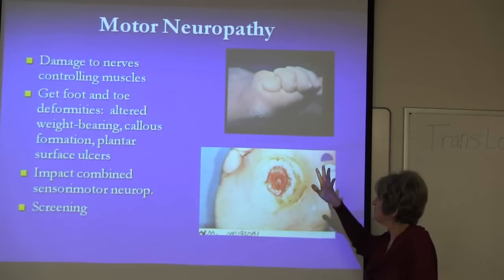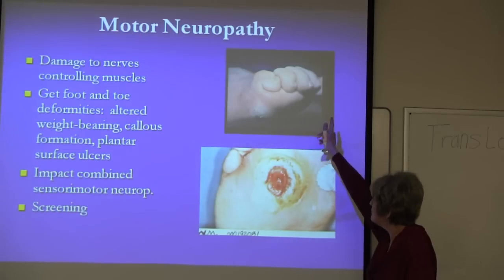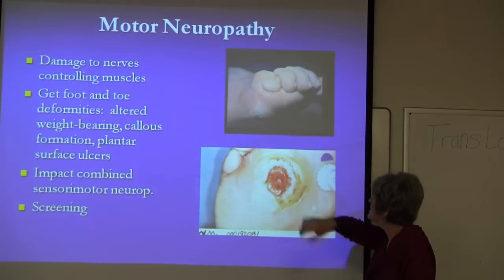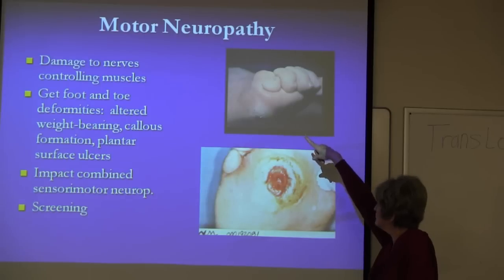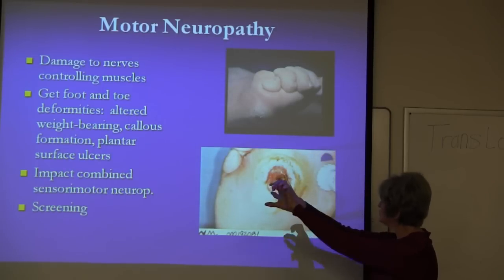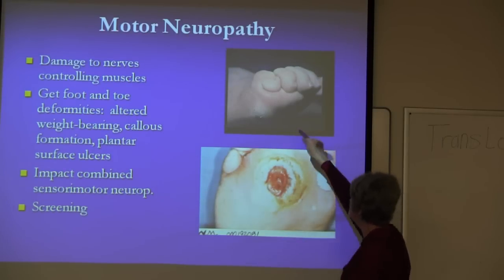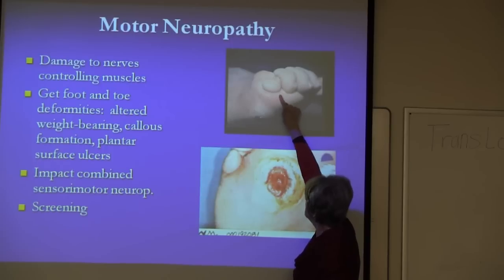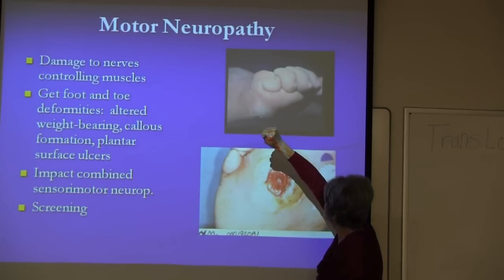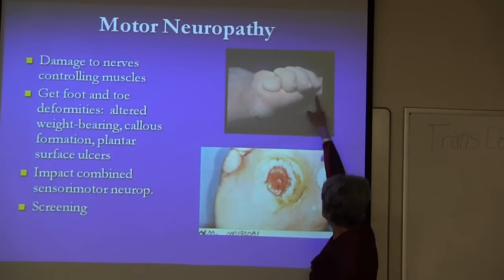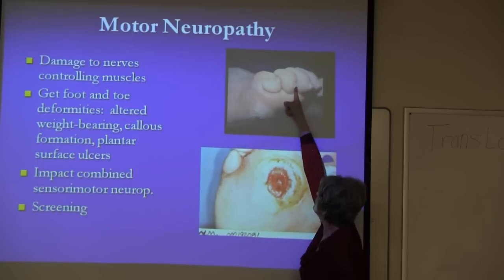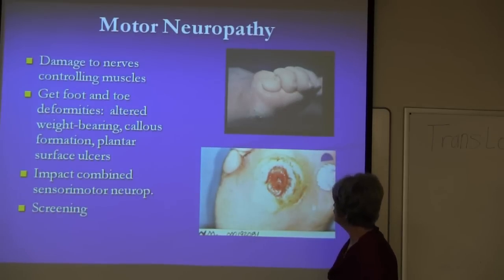You start to get foot deformities. So you see on top you've got severe hammer toes. And you can see why that would increase the risk of damage because now you have toes that are rubbing against the tops of the shoes. You can also get damage from the toes pushing against the foot, and you can get damage right here from rubbing against the shoe.